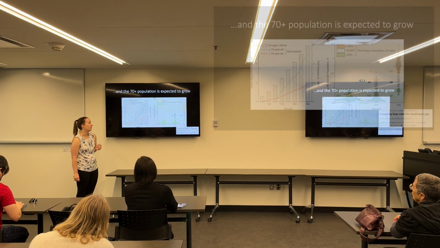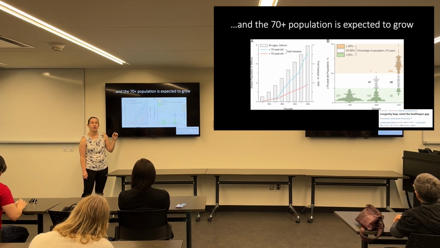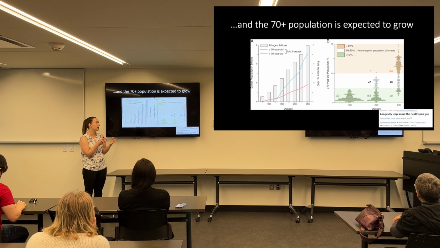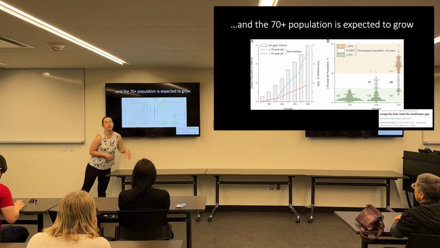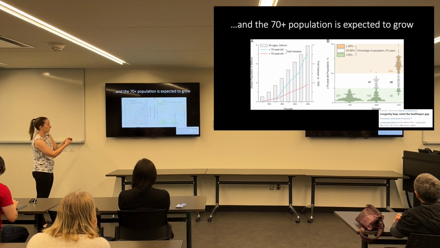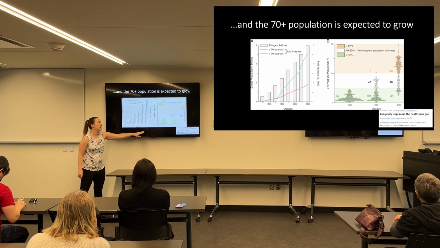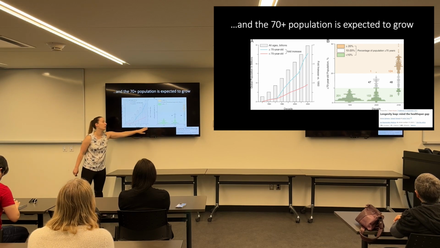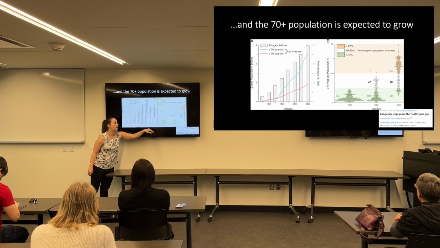Another piece of data I wanted to show, also from this same paper, was the number of countries with these population demographics. Each dot here is a different country. Basically in the 1950s, about 200 countries had a population of 70 plus at about 10% or less.